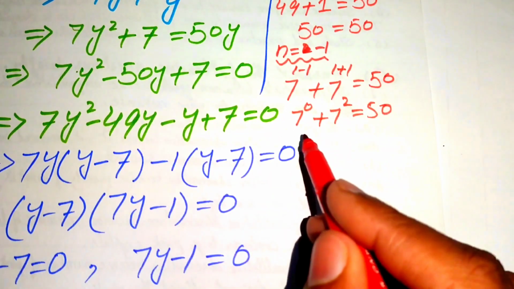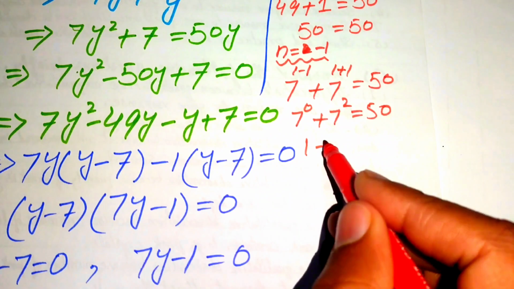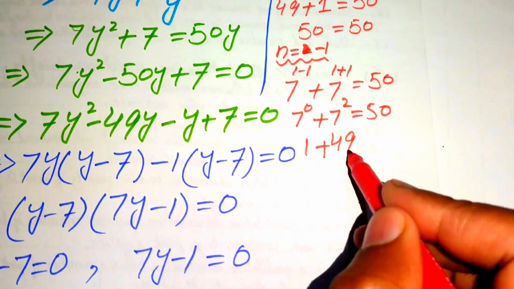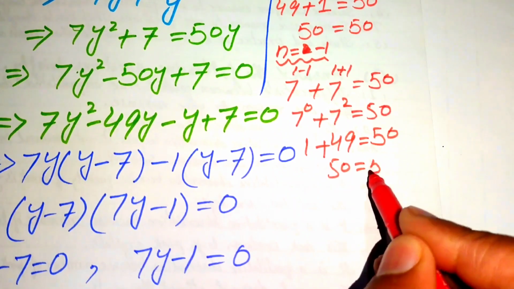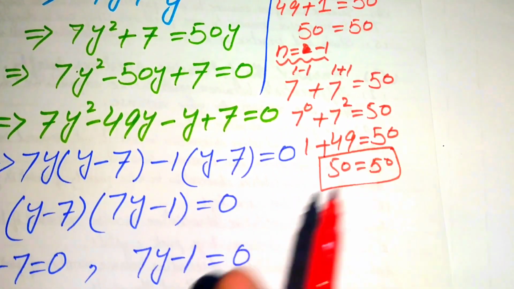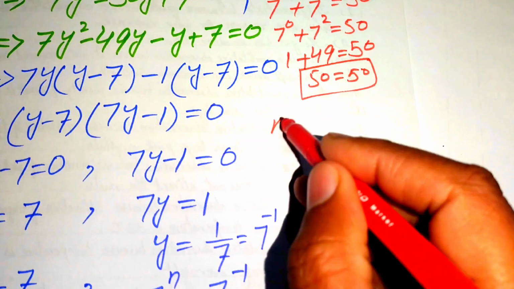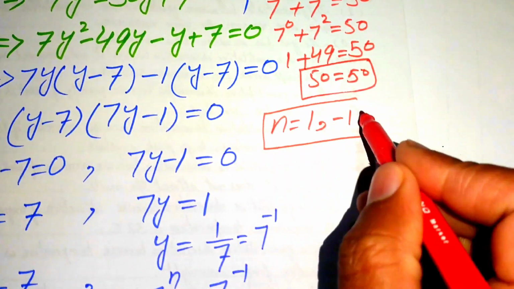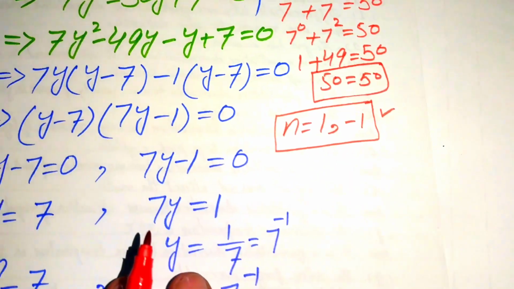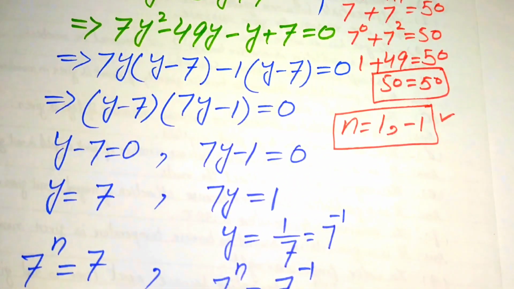And we have 7 to the power of 0 is 1 plus 7 to the power of 2 is 49 equals 50. And we get 50 equals 50. So this means that n equals plus 1 and n equals minus 1, both values of n satisfy this equation. And this is our final answer.